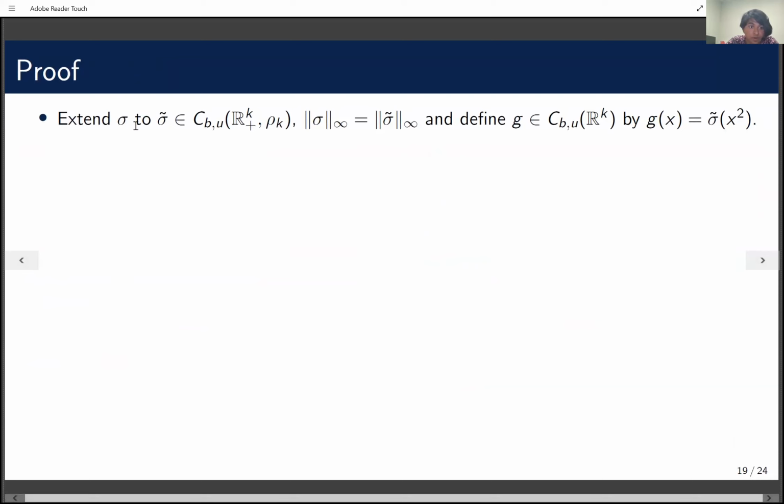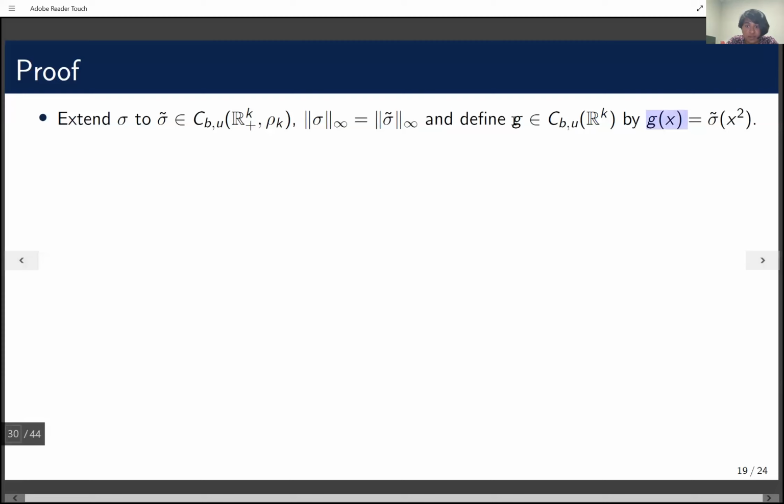Okay, so first we extend sigma to a function on R plus^k, which is also uniformly continuous with respect to the square root metric. And we also need to keep the subnorms the same. And then we define the function g(x) by sigma tilde of x squared. So sigma tilde is the extended function.